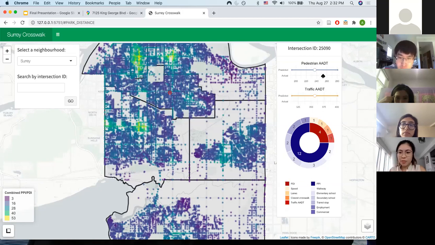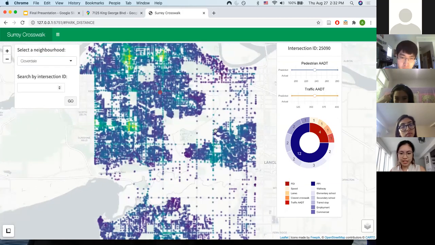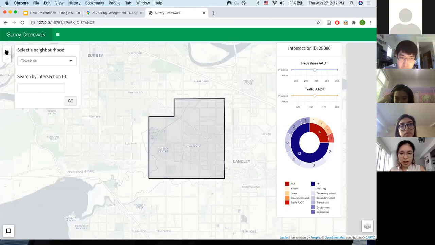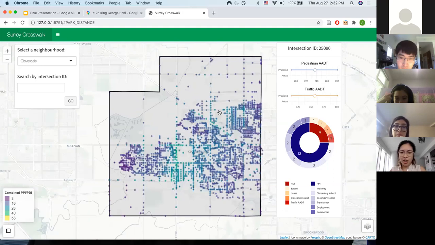Sherry just talked a little bit about how we've gotten these values. I'd also like to introduce you to this part over here where you can choose a certain neighborhood that you're interested in, and the map will show you that neighborhood exactly, and filter out any other intersections that are not in that neighborhood.